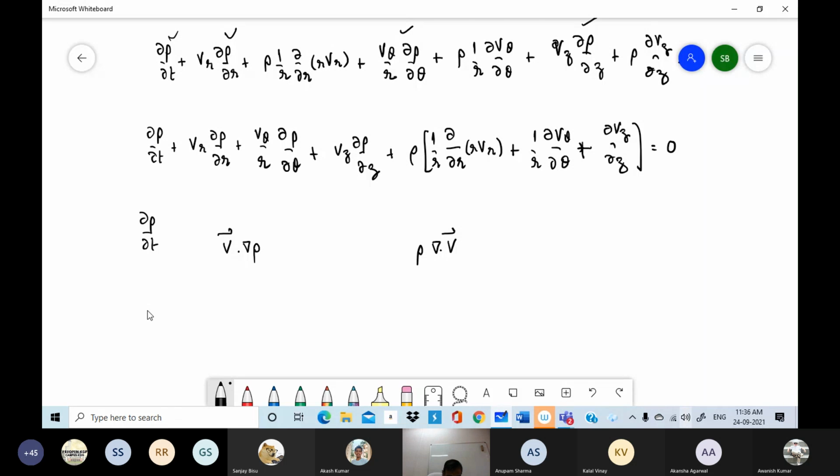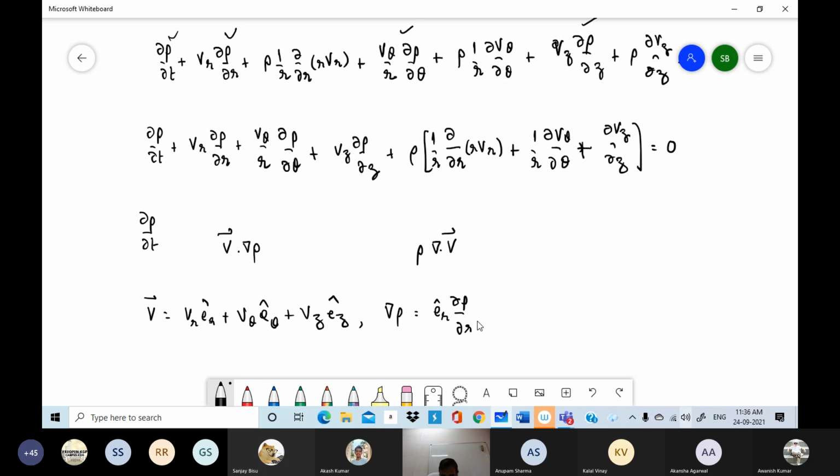So V is equal to, now this dot grad rho must give me this, which means grad rho must be equal to, then this dot this will give me Vr del rho by del r.